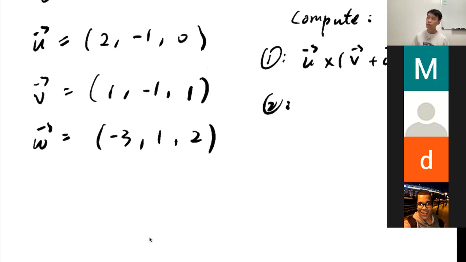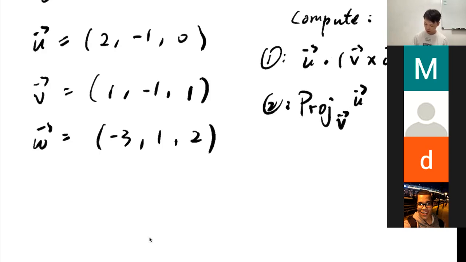Right? Actually, u dot v cross w, and then the projection of u onto v.